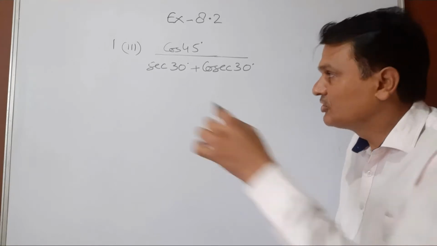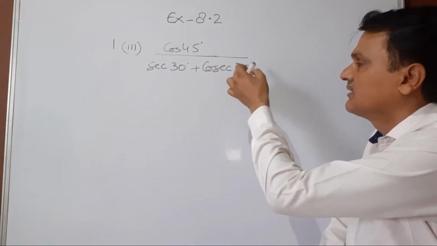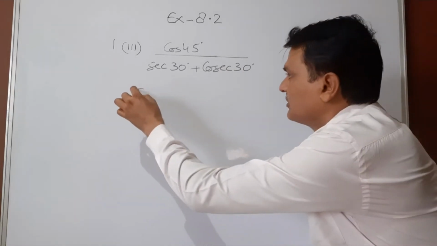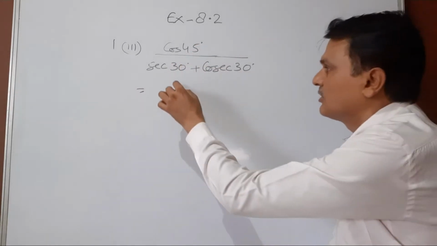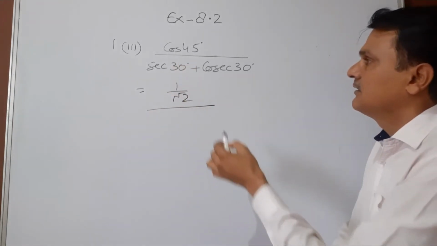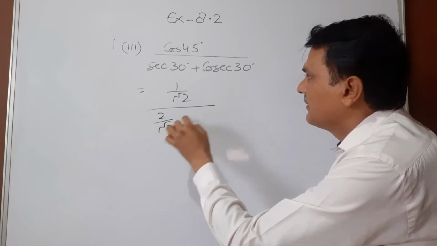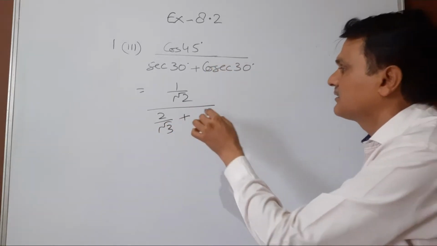Third part of the question is cos 45 upon sec 30 degree plus cosec 30 degree. We put the values: cos 45 has a value 1 upon root 2, upon sec 30 has a value of 2 upon root 3, plus cosec 30 has a value of 2.